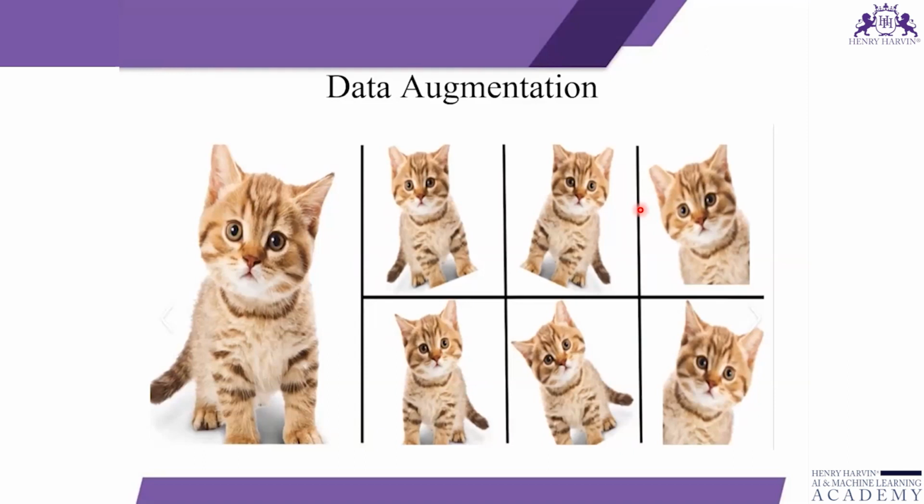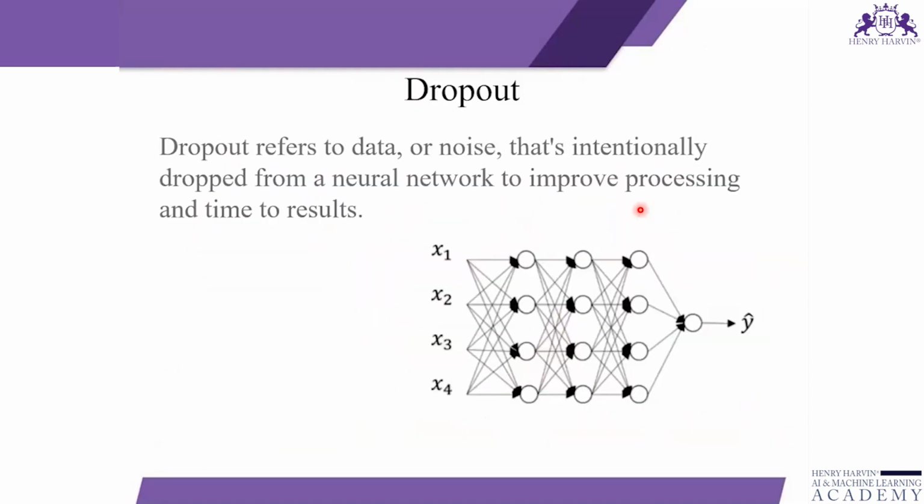So data augmentation can be one of the ways of dealing with overfitting. Another way, which we have discussed briefly, is basically that we are trying to increase the number of training data, right?